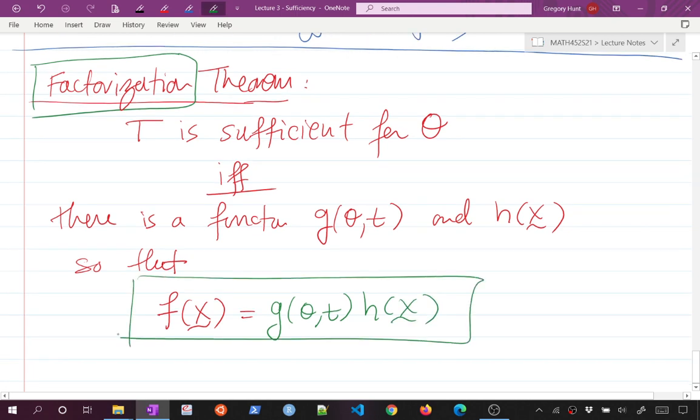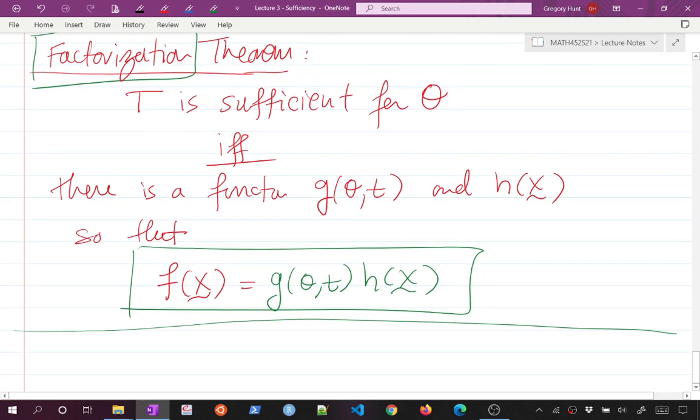So what this theorem allows us to do is avoid this whole conditional calculation. Basically, I did that to torture you and to make you appreciate that this is a really useful theorem.